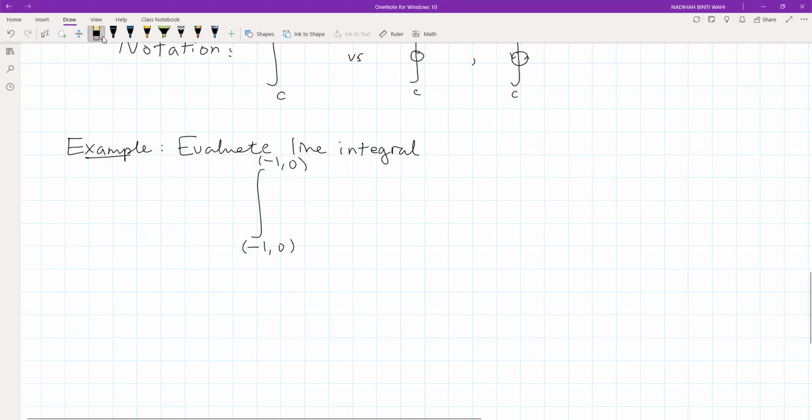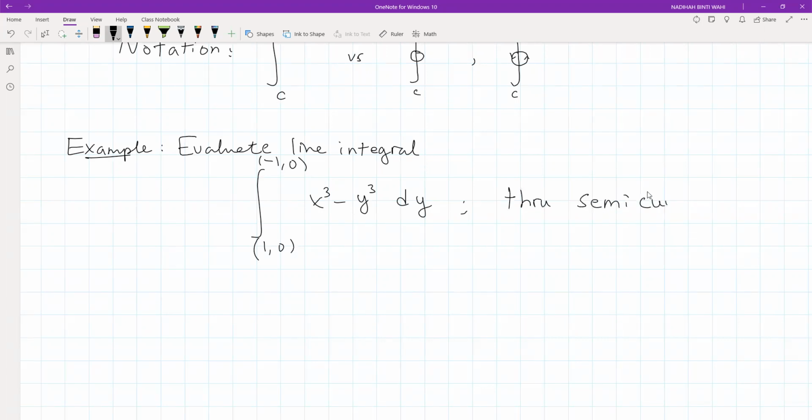Oh, that's not minus, that should be positive. Okay, and then your function is x cubed minus y cubed dy. So this is with respect to y. And then through the semicircle, y equals 1 minus x squared.